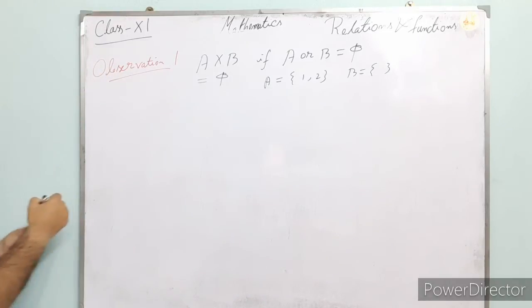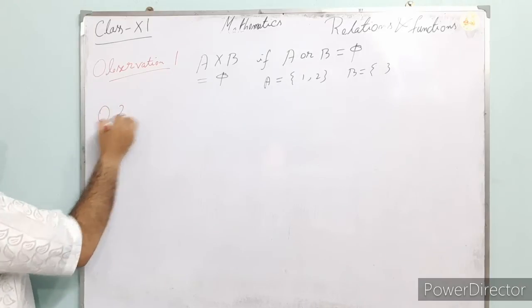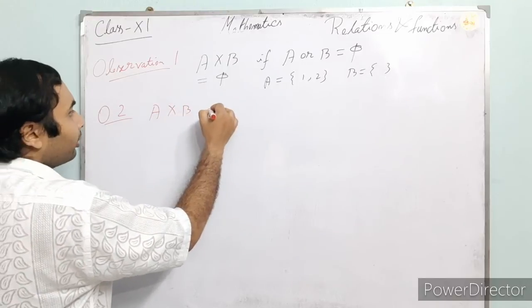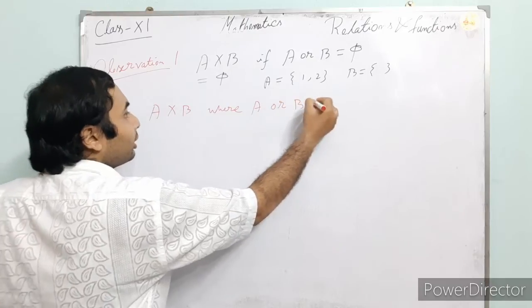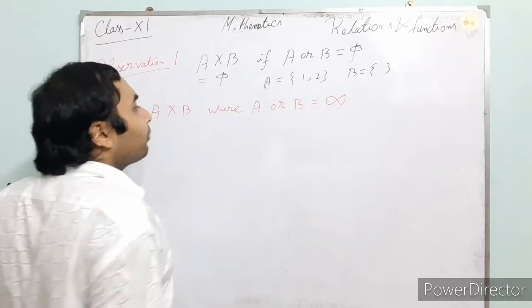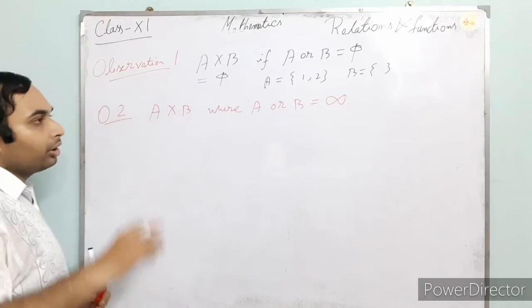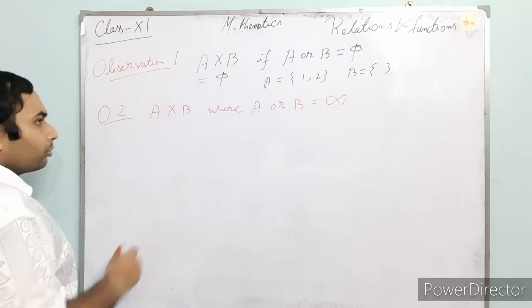Okay. Now observation 2, a similar thing. A cross B, where A or B is an infinite set. I am writing here infinite, but no proper notation is there, just for making you understand.